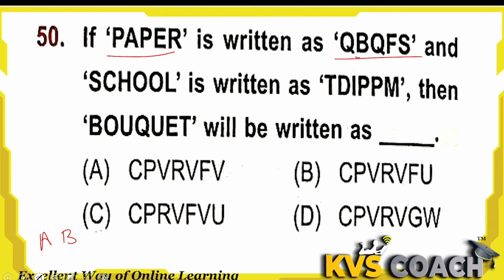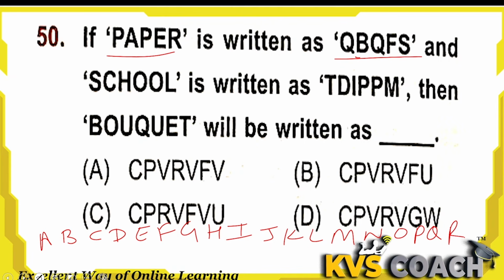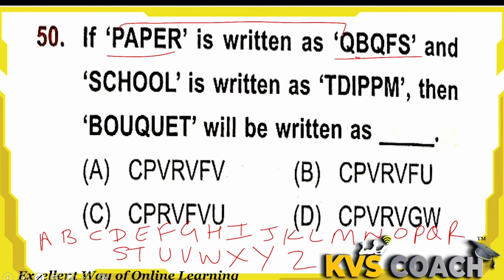A, B, C, D, E, F, G, H, I, J, K, L, M, N, O, P, Q, R, S, T, U, V, W, X, Y and Z. Now paper starts with Q, so P plus 1 is Q. Next, just the next letter, P, Q, E, F. They are taking just the next letter.